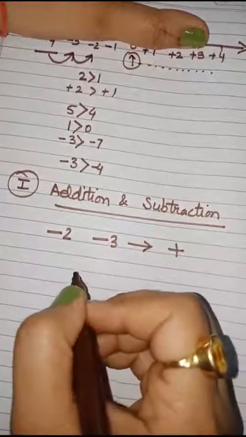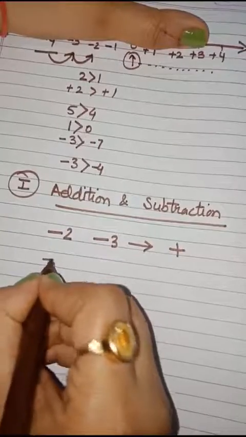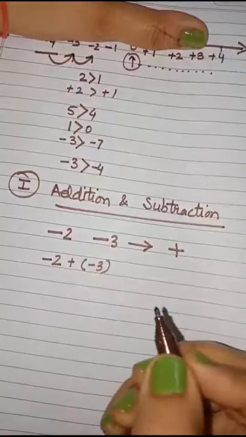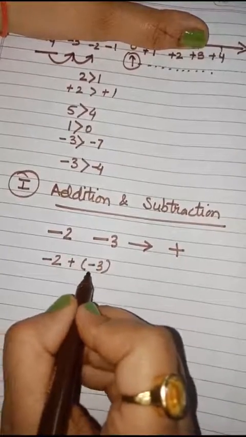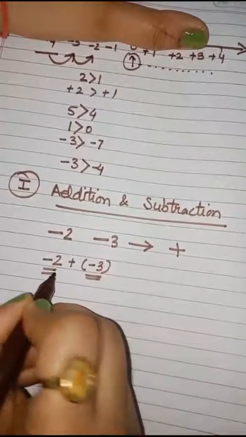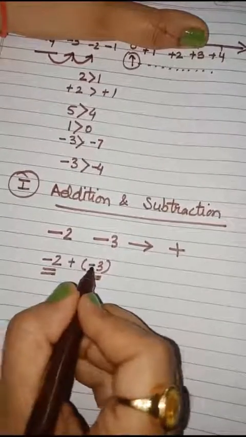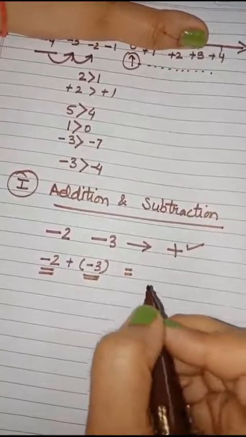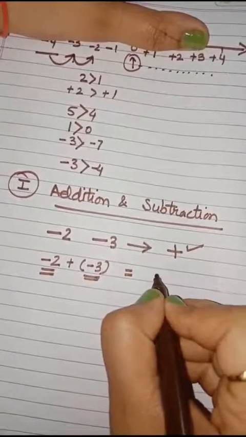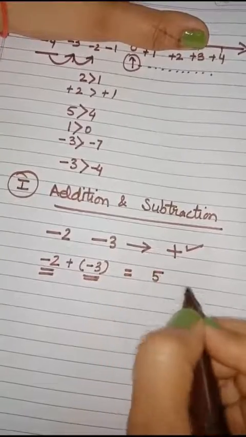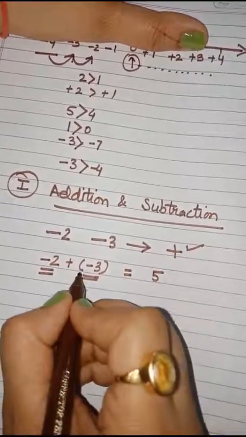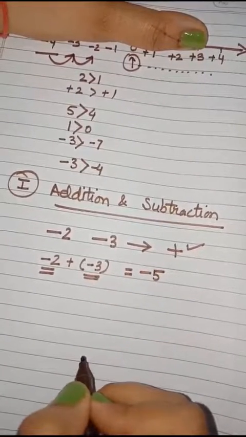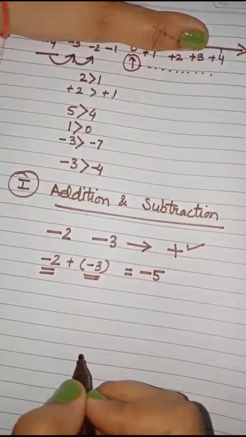I'll give you one example. For example, we are adding -2 plus -3. We will consider the signs of these numbers, that is minus, plus. So to solve this, we will add these two numbers, 2 plus 3, that is 5, and the sign of the greater number will be in the answer.